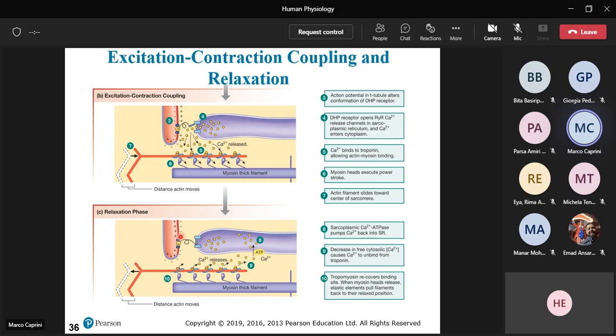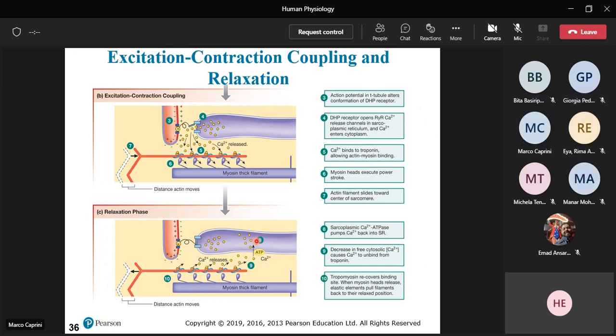The action potential is not present, so the DHP and ryanodine receptors close the gate in the sarcoplasmic reticulum, and the calcium is released from the troponin and pumped inside of the sarcoplasmic reticulum.